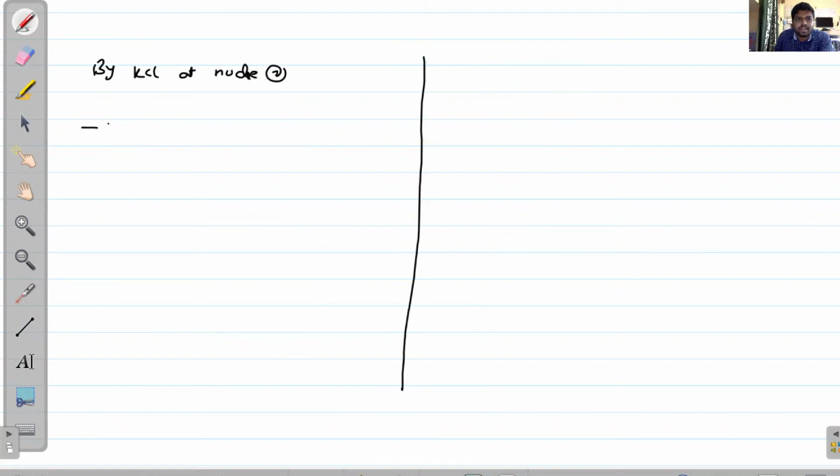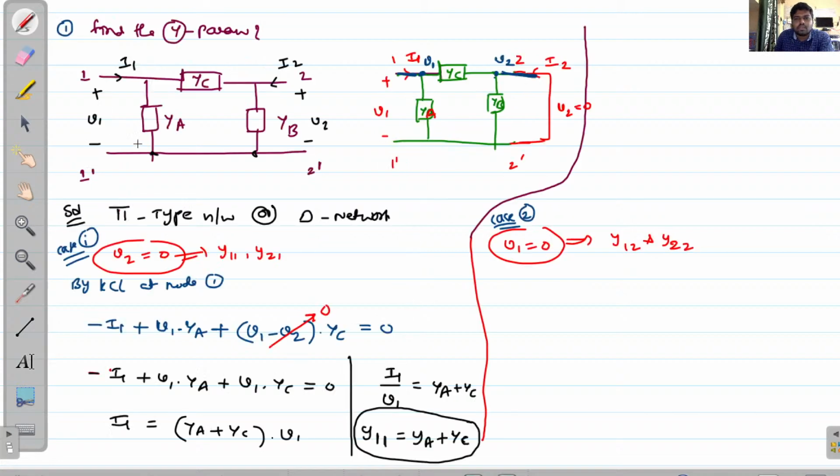Just take minus I2 plus, and one current leaving from 2, so that node 2 voltage is superior, right? The node 2 voltage is superior to all other voltages present in the network. That's why the current leaving from this is V2 voltage. And this is the ground node, which is nothing but 0 voltage. Current always flows from higher voltage to lower voltage, so that's why I'm taking the current direction downwards.